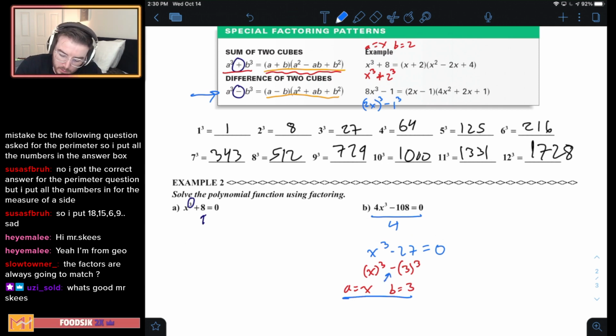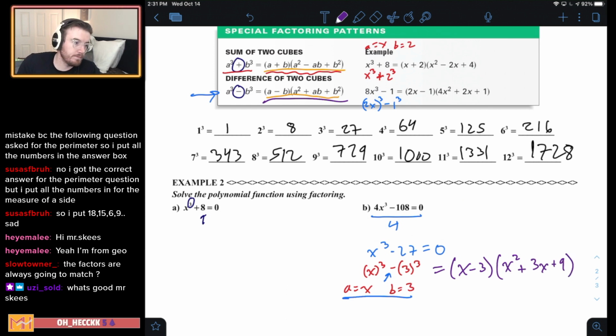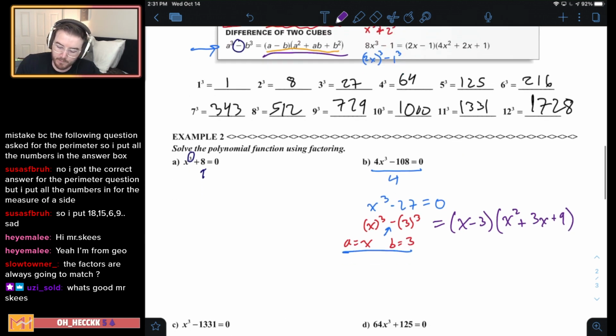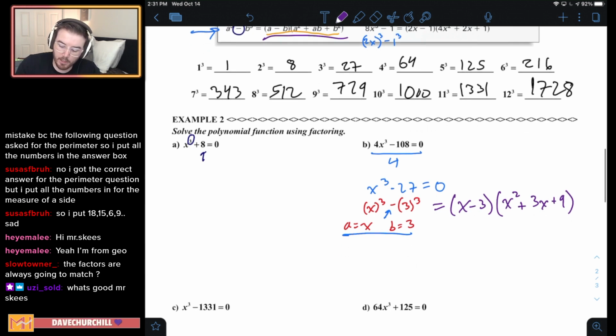And I'm going to plug it in to this equation. A minus b, so x minus 3, times a squared, so x squared, plus a times b, which is 3 times x, or 3x, plus b squared. 3 squared is 9. See what I just did there? You see how I just plugged all that in?